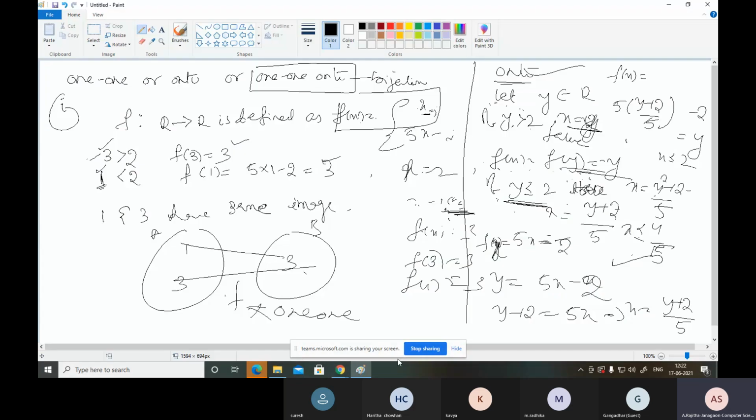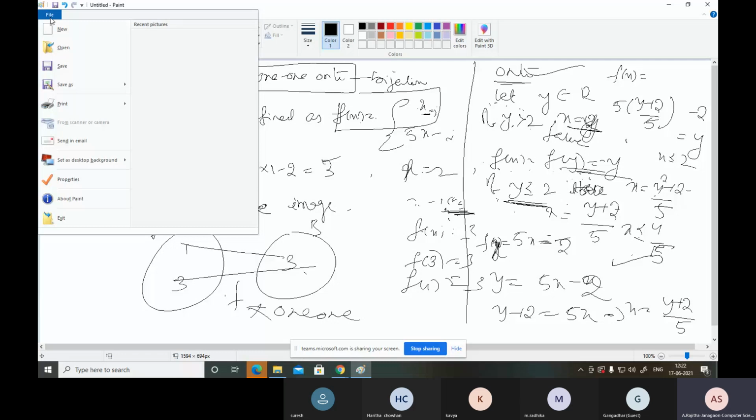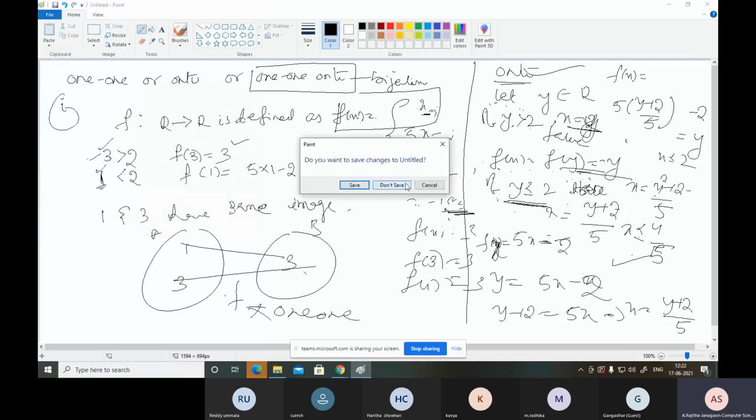Then next, one more question. Check whether this is 1-1 or onto or both.